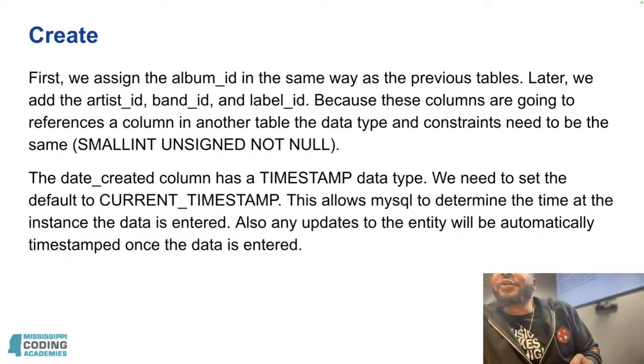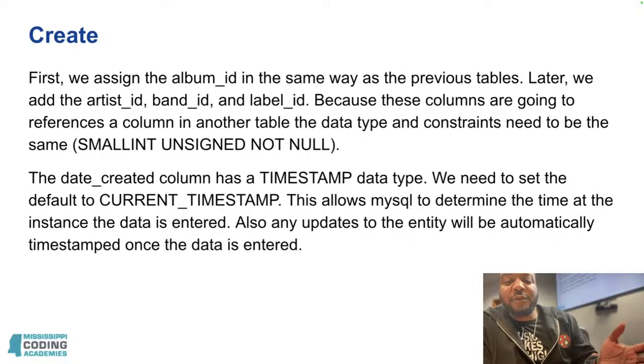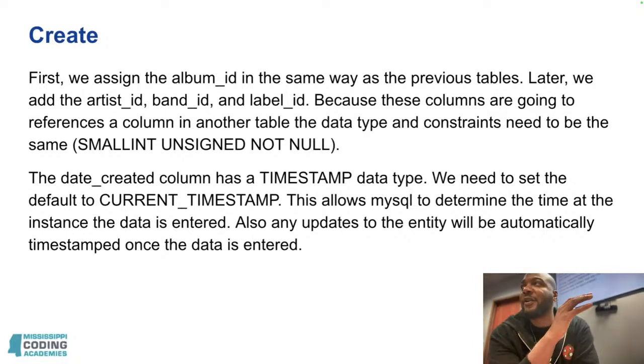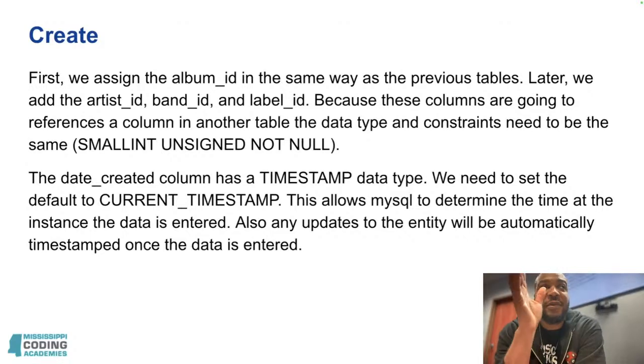So first thing we do is we assign the album ID in the same way as the previous tables. Then we add the artist ID, band ID, and label ID. And as I stated, because the columns are going to reference a column in another table, the data type and constraints need to be the same. In other words, that small int, unsigned, not null needs to be the same.